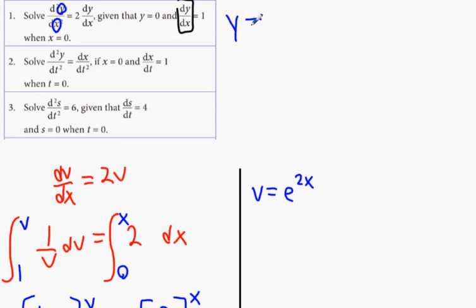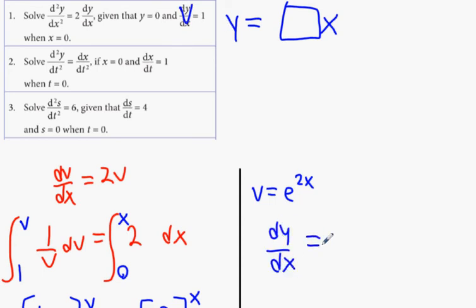Y on its own and some formula with x on the right hand side. Have we achieved that yet? We haven't quite achieved that yet because there's still the v there. So the logical choice is that v is dy/dx, therefore dy/dx is equal to e to the 2x.